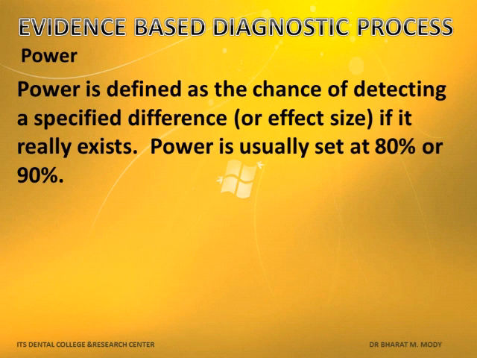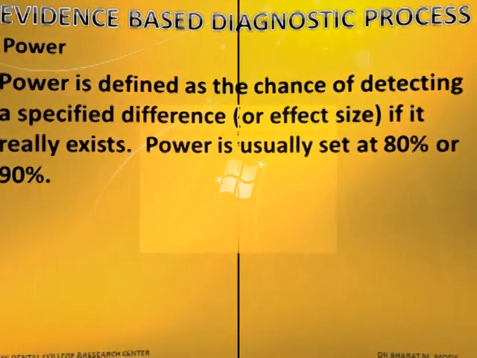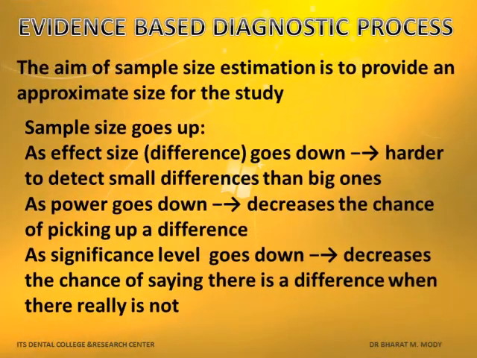Power is defined as the chance of detecting a specific difference or effect size if it really exists. The power, which generally we should keep at 80 to 90%, is what makes us sure that whatever is being detected is the effect size. So effect size generally relates to the power, and that is what is important.